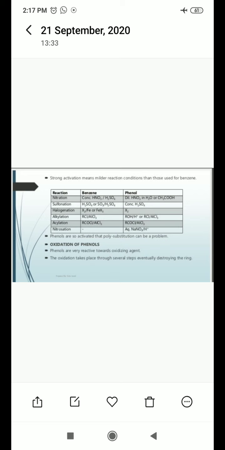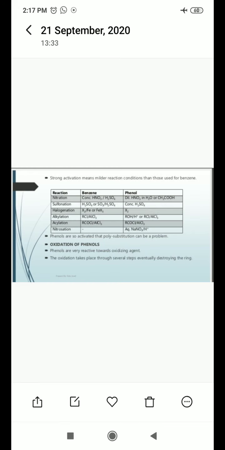Now next is alkylation. For alkylation of benzene we use CH3Cl with AlCl3. But for alkylation of phenol we use ROH, where R means alkyl group.